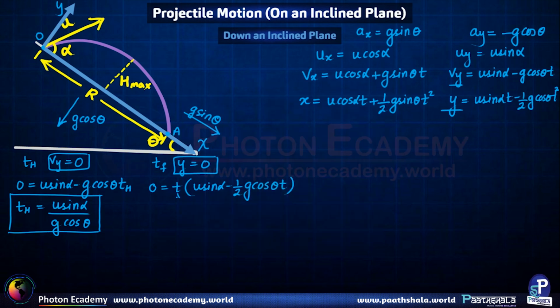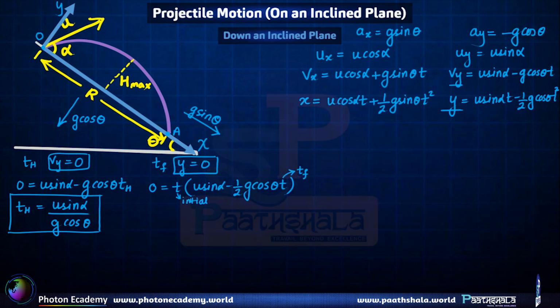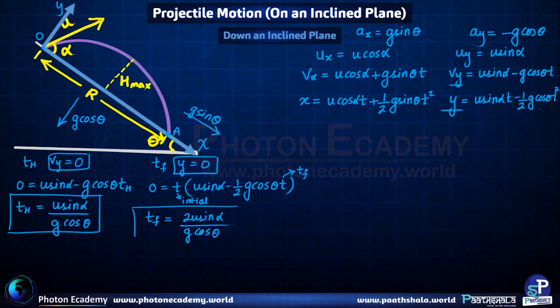So the first t corresponds to the initial point, and the second bracket corresponds to the time of flight. So the time of flight is going to be equal to tf, that is equal to, putting the bracket equal to 0, 2u sine alpha upon g cos theta. Again the same expression that we got for projectile motion up an inclined plane.